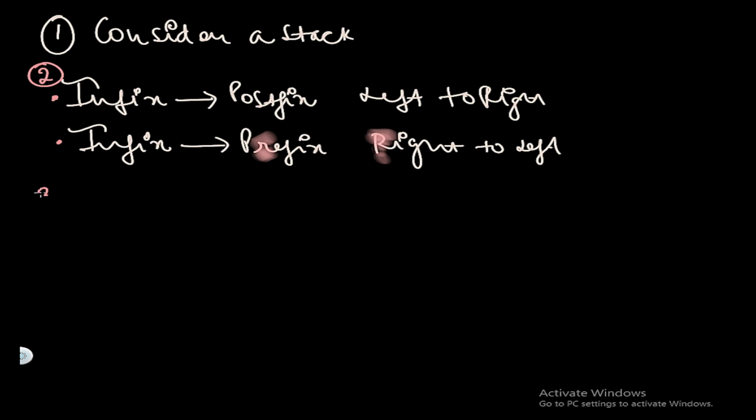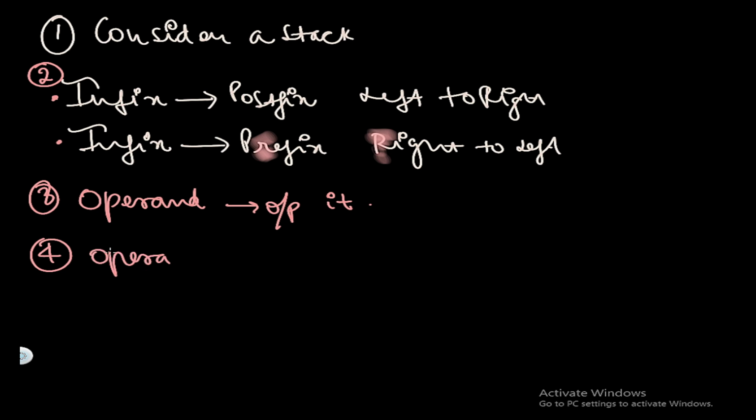Then the third step is, if we have an operand, just output it. And if we have an operator, push and pop with the help of this table. This table is very easy to remember. Power, multiply, divide, plus minus, L2R, R2L, R2L, just this much.